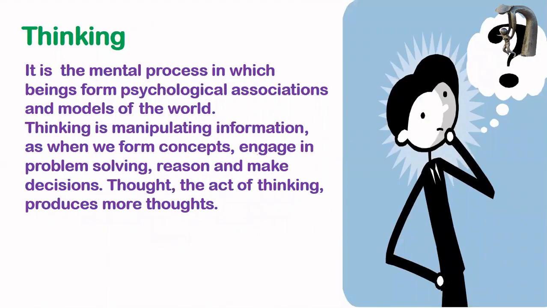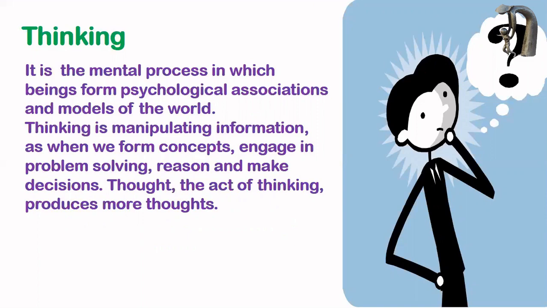Now let us come to thinking. Thinking, as we know, also involves the processing of our brain. So, thinking is a mental process which begins from the psychological association and models of the world. So, what does it mean?